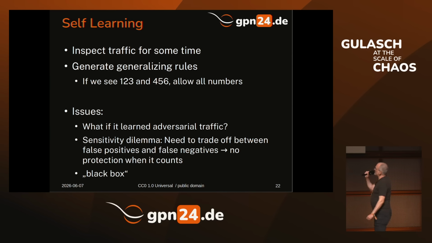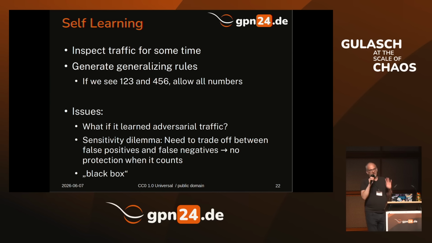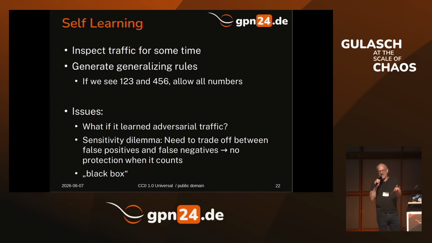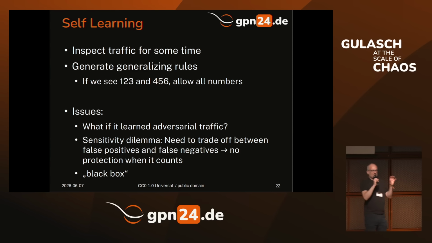So, self-learning. This is something I have literally zero personal experience with. But I think what's happening there is, at least to me, so obviously wrong that I don't understand why people still say that this is a good idea. The basic idea is you put a black box in your HTTP path and let your traffic run for a while.